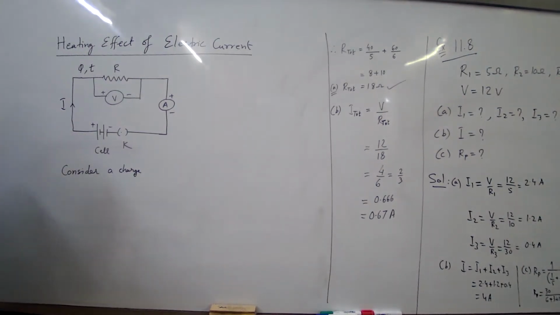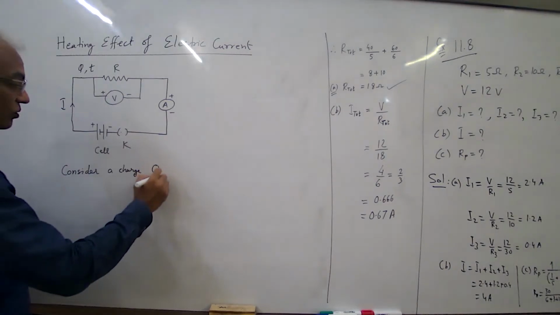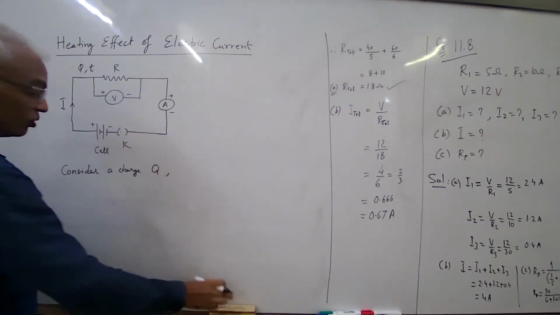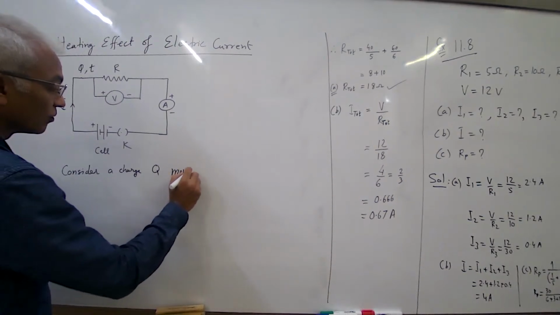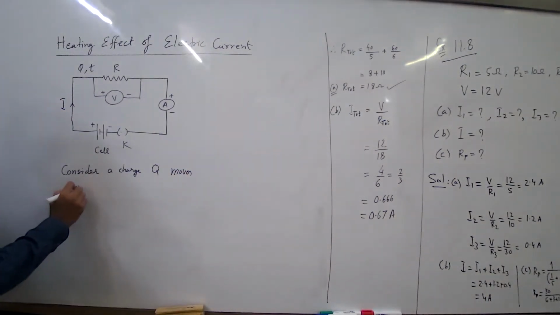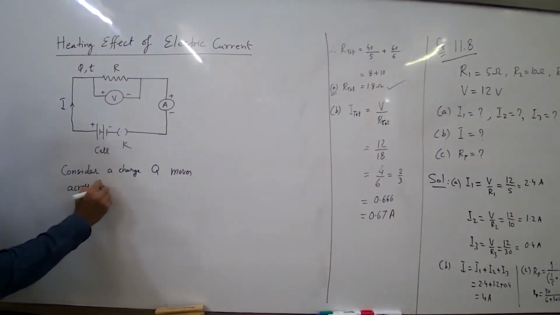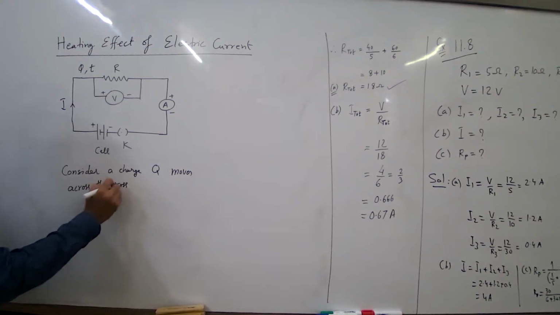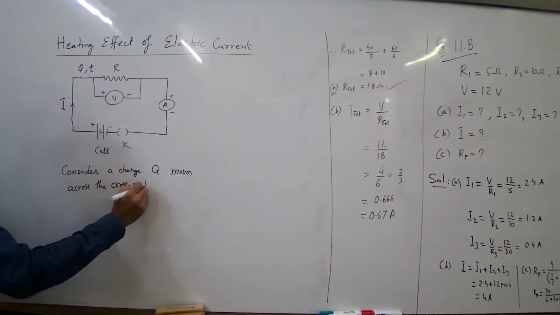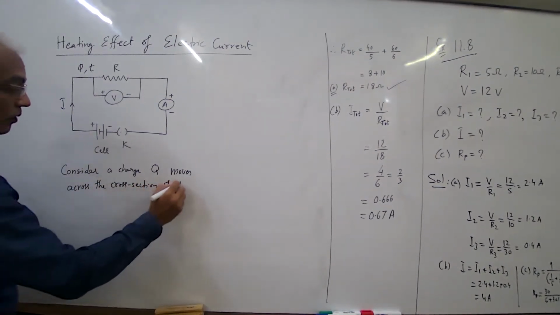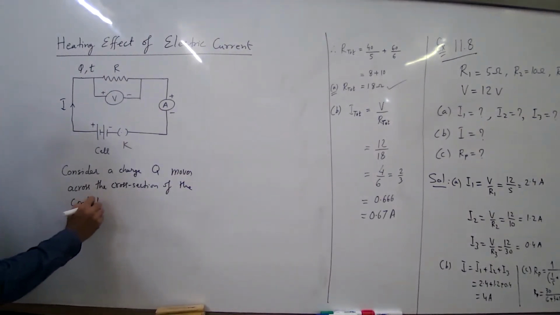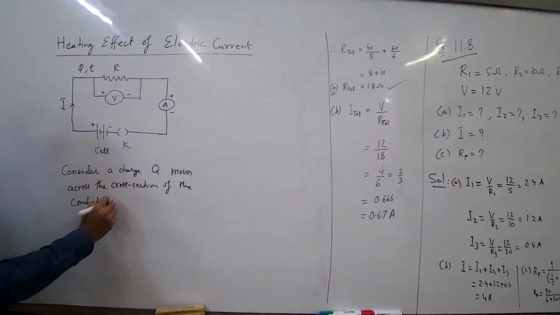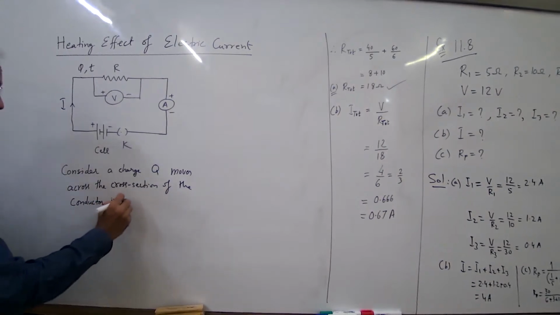So many electrons are passing through the cross section. So consider a charge Q moves across the cross section of the conductor in time t.